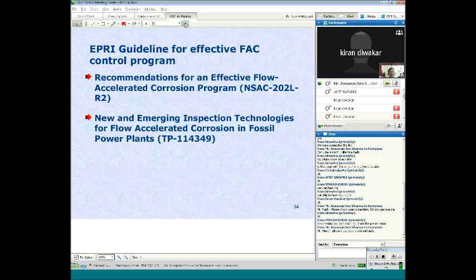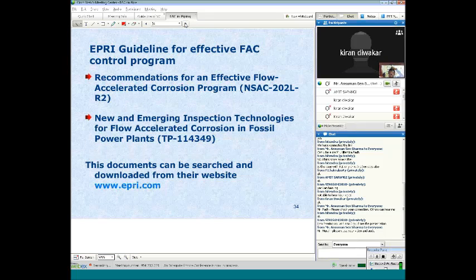So what I'm going to give you is these two document references. You can write them down. One is the recommendation for an effective flow accelerated corrosion program. Another is the inspection technologies. Both are EPRI guidelines, and you can download these documents from epri.com. These are all free documents available on the EPRI website.